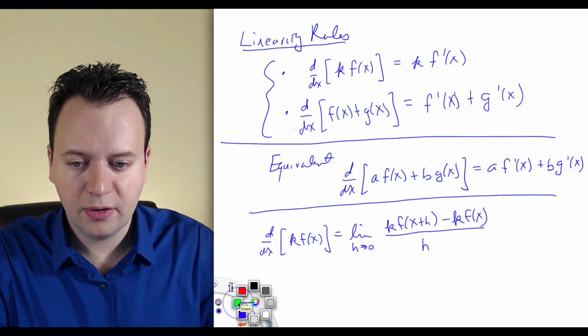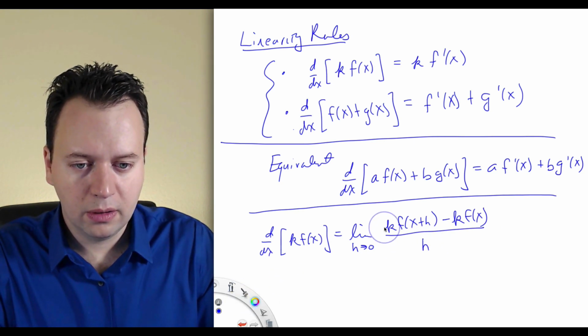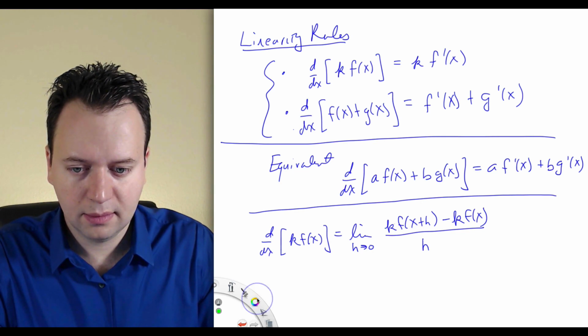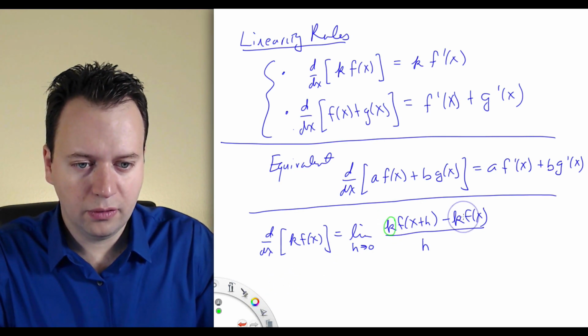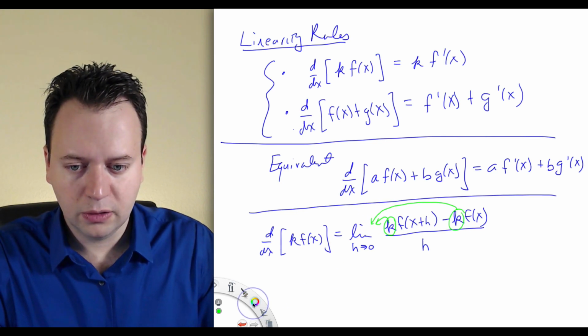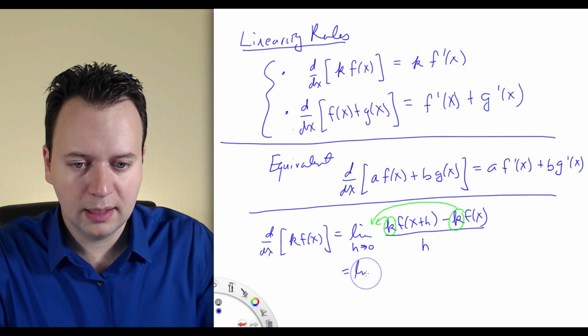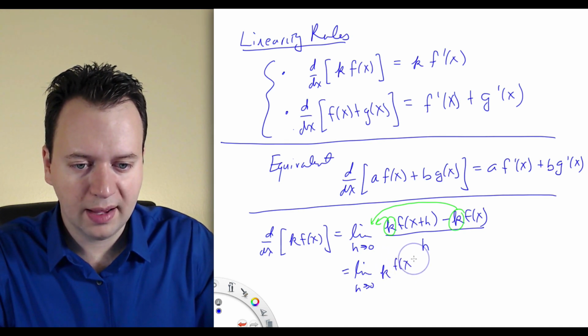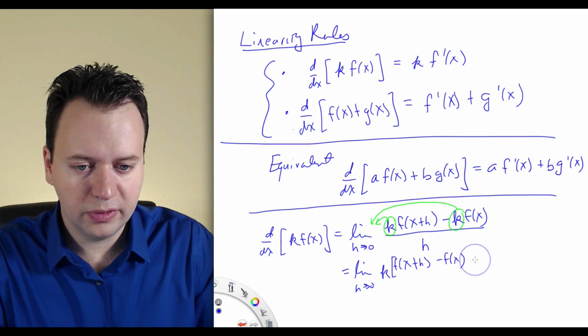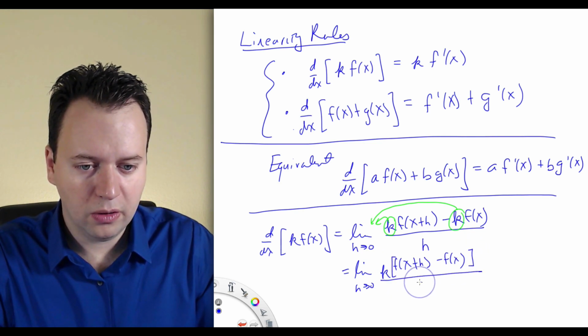Now there's a common factor of k on both of these terms, so you can pull it out. So you can rewrite this as the limit as h goes to 0 of k times the quantity f of x plus h minus f of x, all over h.